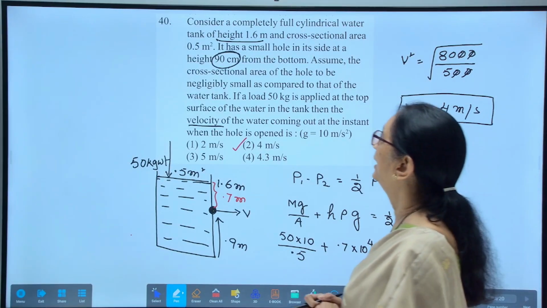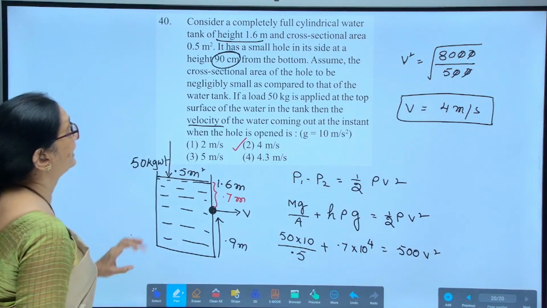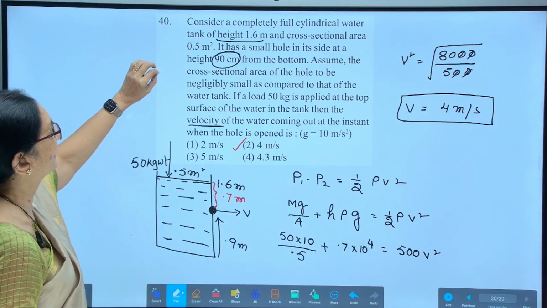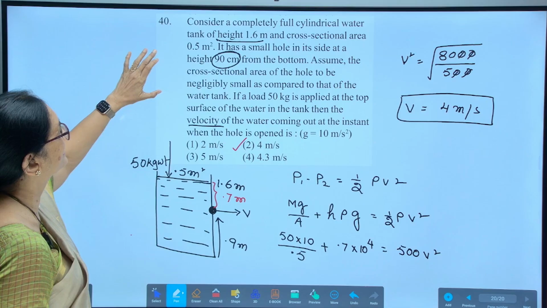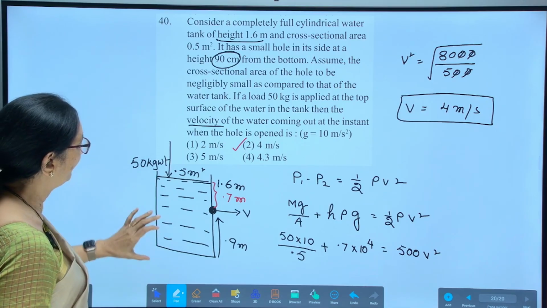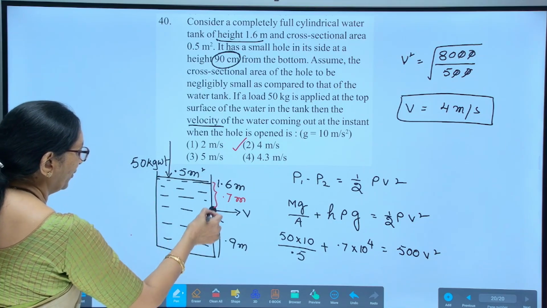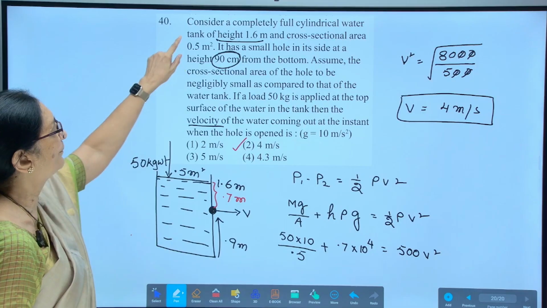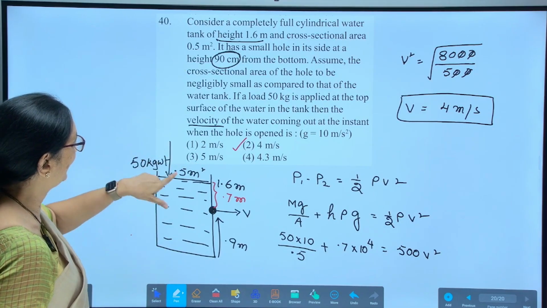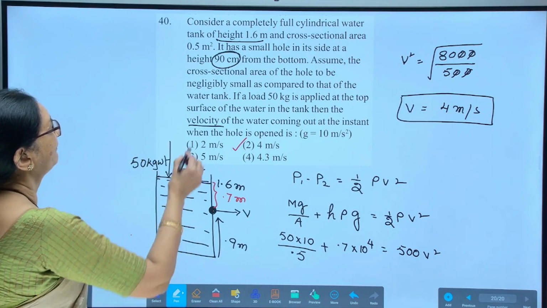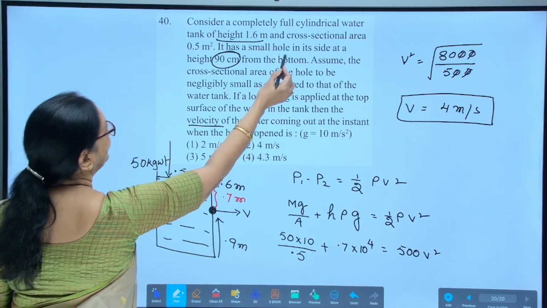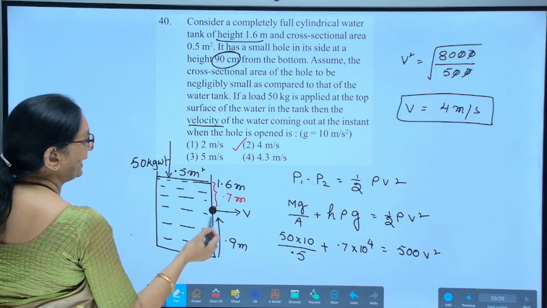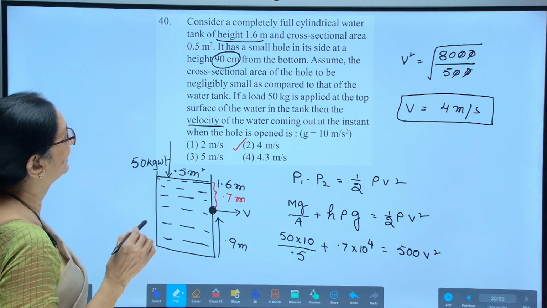Next problem. Look here. Read the problem very carefully. Consider a completely full cylindrical water tank of height 1.6. The total height up to which water is filled in the tank is 1.6 meters. Cross sectional area of this is given as 0.5 meter square.